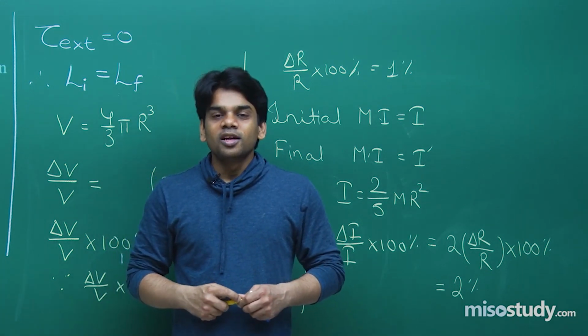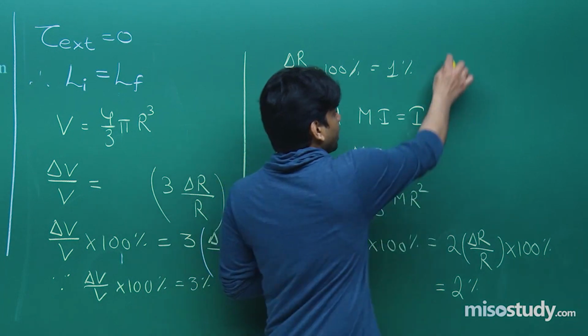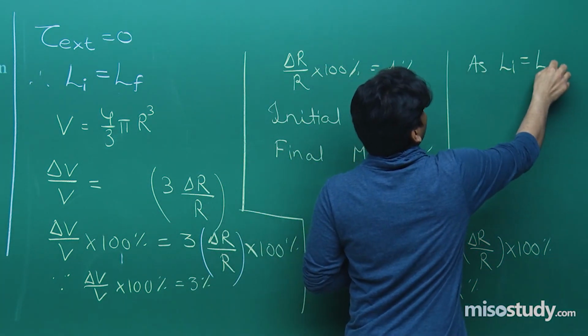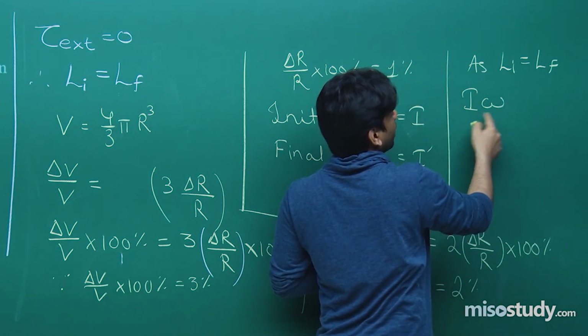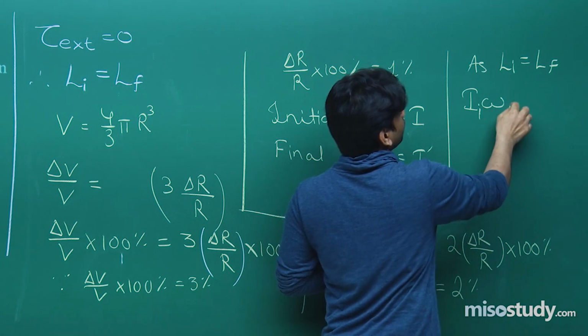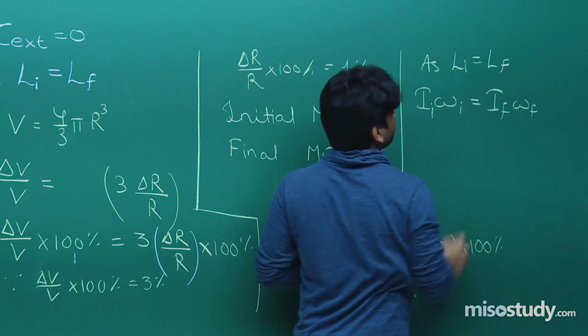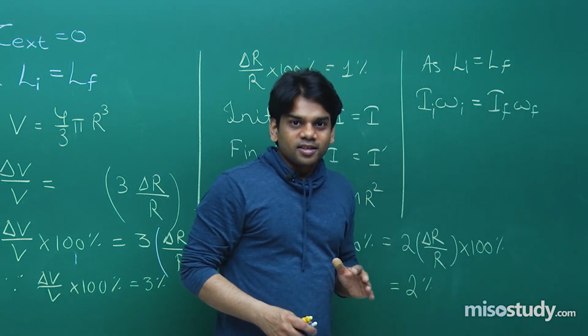We got this. Now conserve the angular momentum. When we conserve angular momentum, initial angular momentum is equal to final angular momentum, so I initial into omega initial is equal to I final into omega final. This has to be conserved. Now you have to think logically.